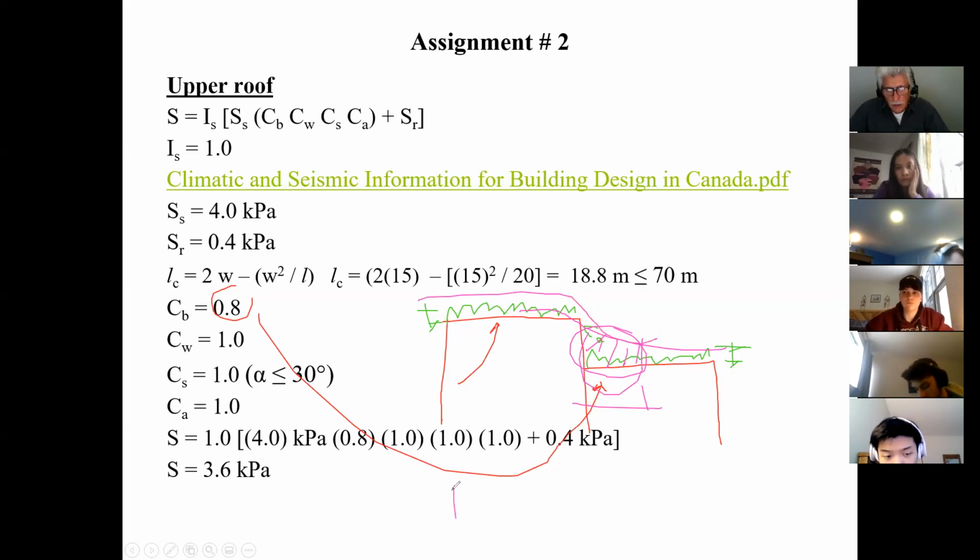And like we said, if there's at least 5 meters in between the two roofs, five meters or more, then you don't have to worry about the drift here. It's going to fall between the buildings, and therefore this roof and this roof would have the same snow load.